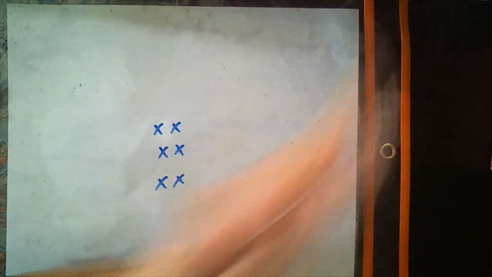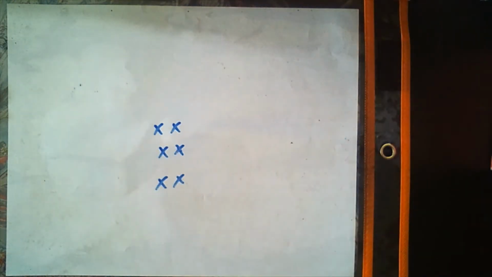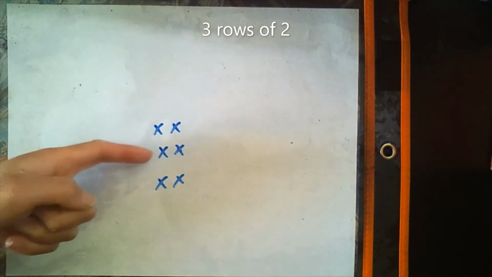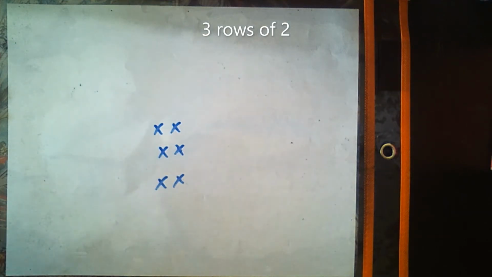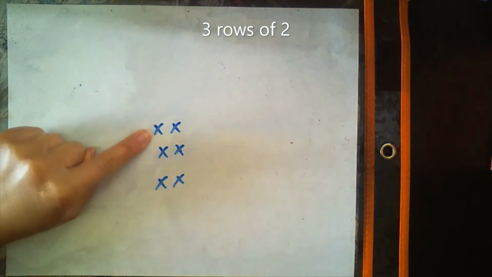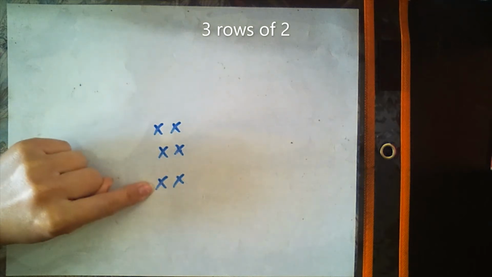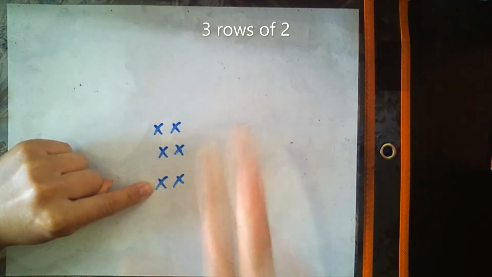Remember, rows, we think from left to right or across like this. Yes, we have 3 rows. 1 row, 2nd row, 3rd row. How many X's are in each row? 2 X's in each row. Great job. All right, friends and families, welcome to the next part of our teacher model.